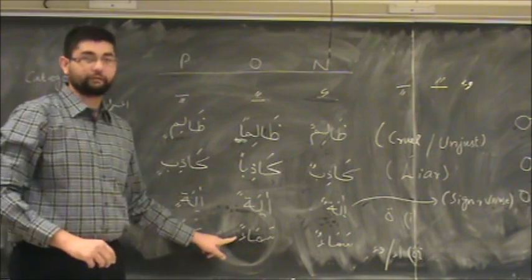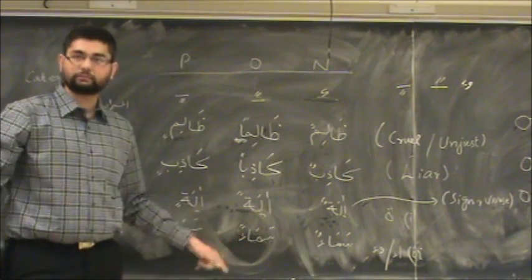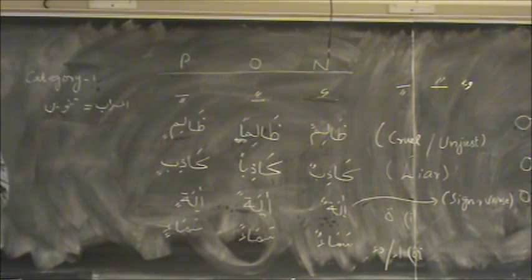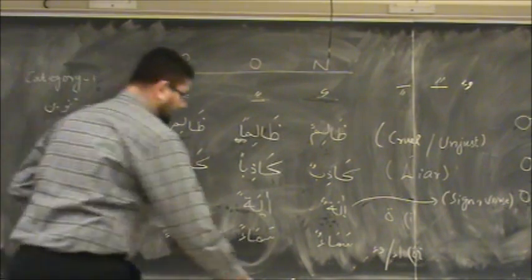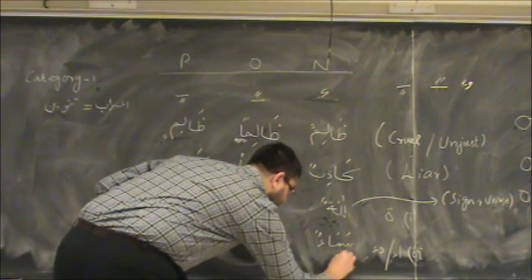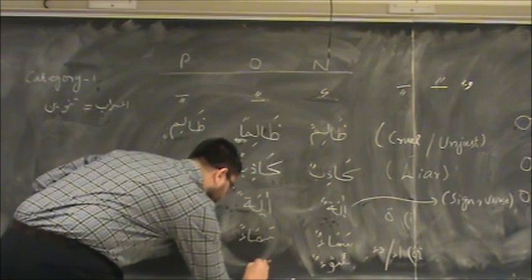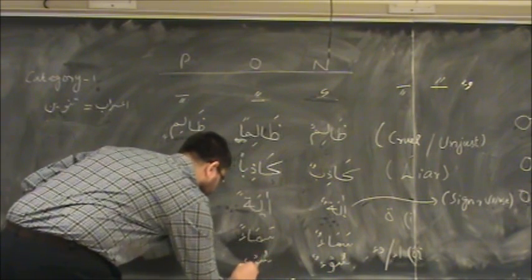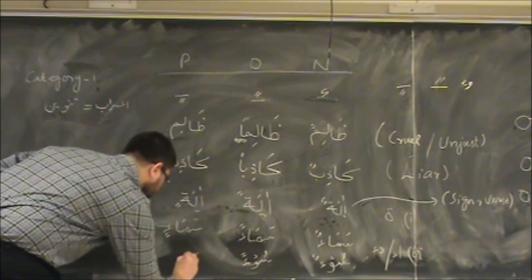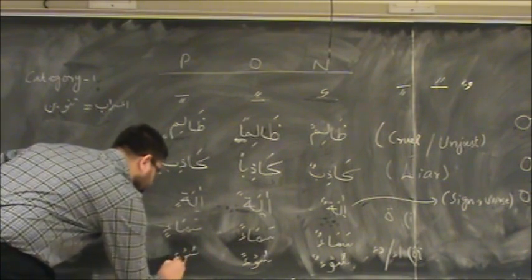I didn't append an alif here because it already has hamza. And another example for waw and hamza is su'un, su'an, su'in.